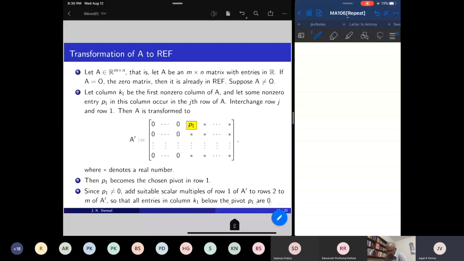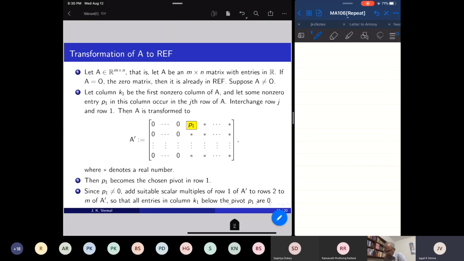That is the condition for a pivot, that all the entries below the pivot have to be 0, because the second pivot is going to be to the right of the first pivot. We cannot have a non-zero entry below a pivot. So all the entries below P1 have to be converted into 0 entries by elementary row operations, and we can do that.